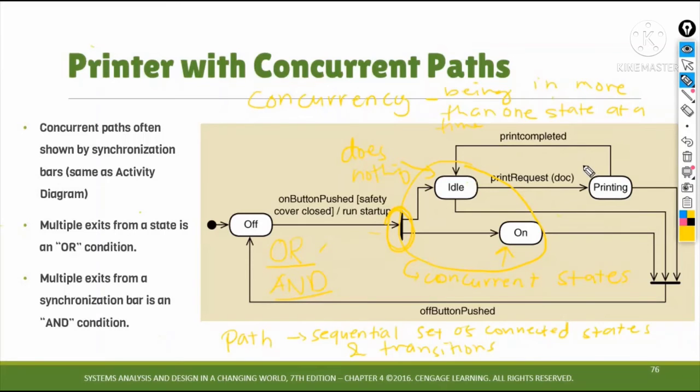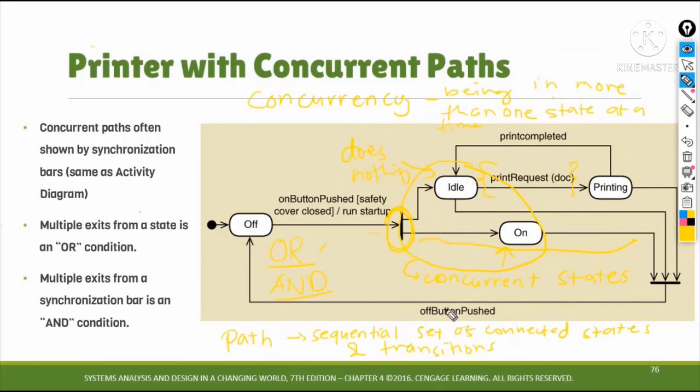Notice that the print request doc transition has an argument being sent with the transition. From the idle state, the printer will cycle between the idle state and the printing state whenever it is in the on state.